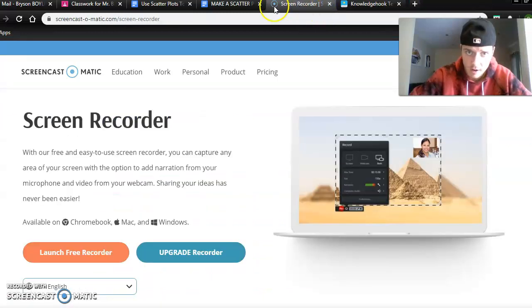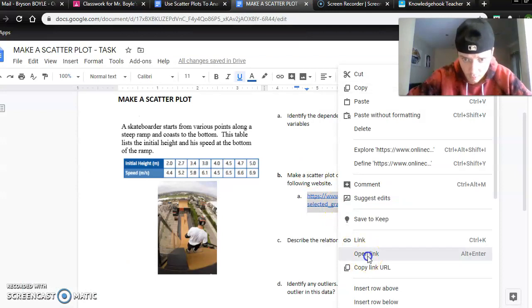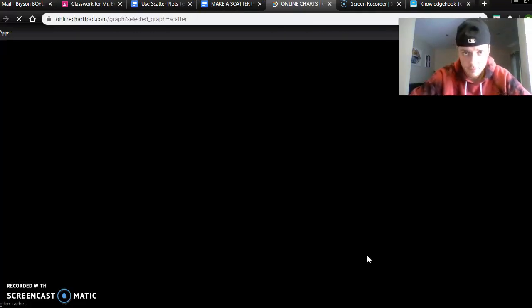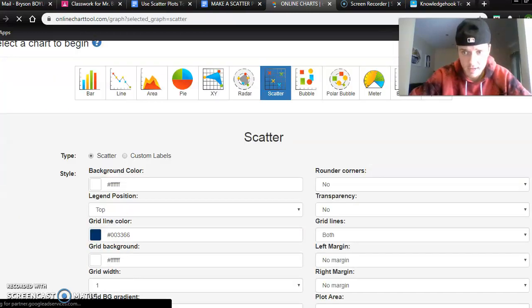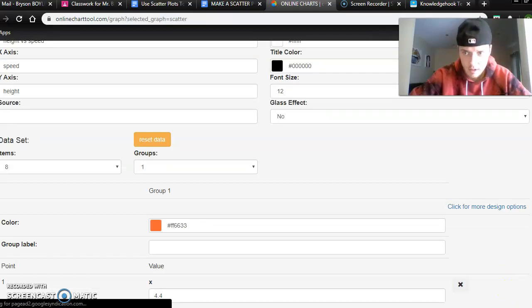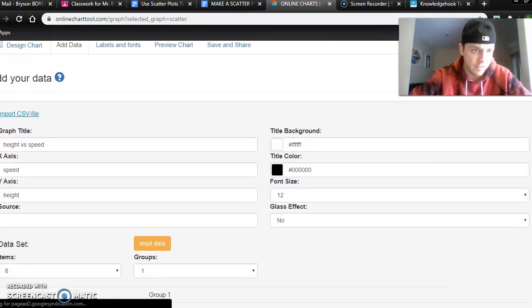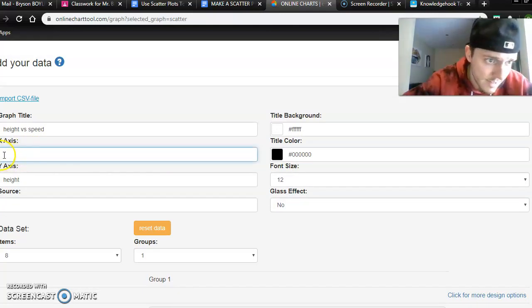Real quick, let's go through how to make the scatter plot one more time. You click the link, open it up. Don't touch anything on the first page. You scroll right down to the bottom. You hit next. You name the graph height versus speed. You put whatever variable you think is independent in the x-axis.